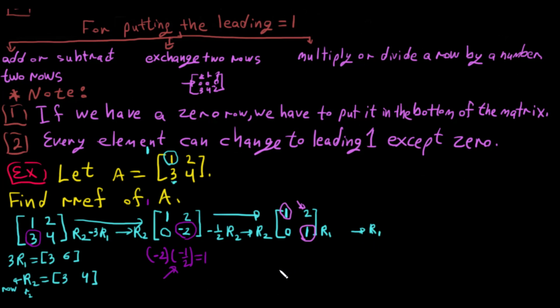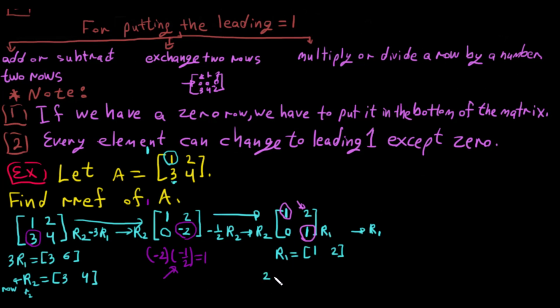So we have to think. R1 should be the same here, because here the coefficient should be 1, 1, 2, that's why. So 2 minus what to make this one 0? 2 minus 2 becomes 0. So this one should be 2. So we have to multiply this row by 2.